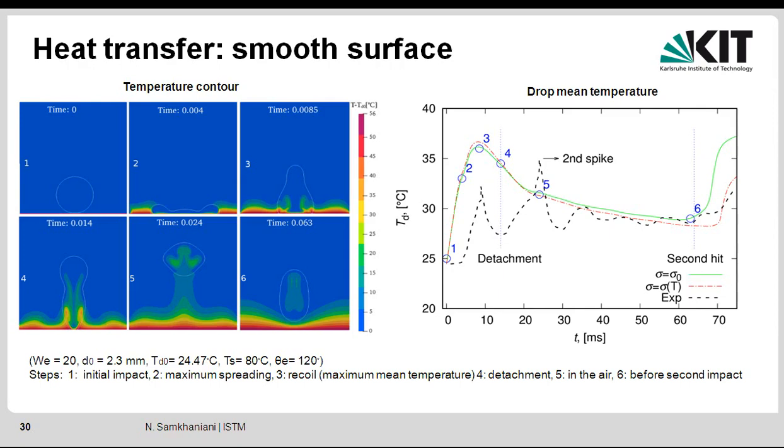In the heat transfer part, we get good agreement, but I should emphasize that we should consider the numerical results as complementary to the experiment, because in the experiment, while we capture pictures of the drop behavior, in the heat transfer we have some problem.